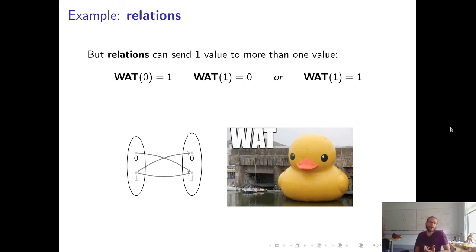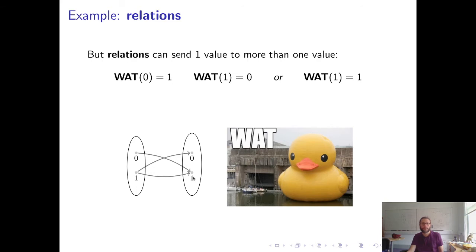This is a perfectly good relation. And what this means is that I have a device or a map, and I'm not sure exactly what it's doing. Maybe I've got some sort of box and it's a little bit defective, or there's a little demon in there who, when I input a 0 into this box, it works just fine.